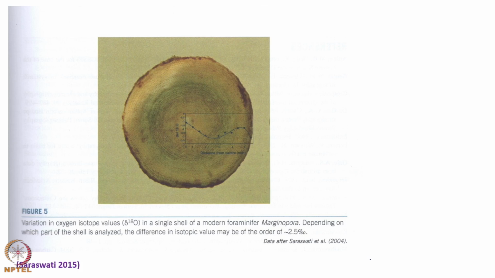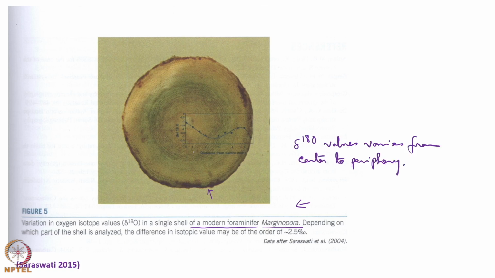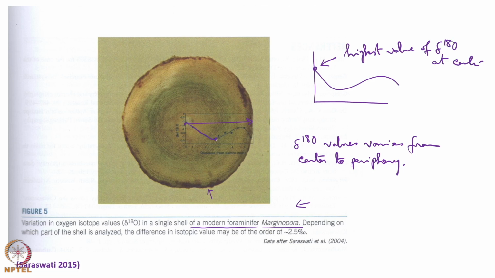One more problem of geochemical analysis of the calcareous test can be explained through this figure. A modern foraminifer is shown in this figure. Different portions of the shell have different del 18O values. For example, if analysis has been done from the center towards the periphery, this kind of pattern is noted. That means the highest value of del 18O at the center, then the value keeps falling steadily, attains a minimum value, then the value again keeps on increasing and attains a high value, but this value you can see is less than that value, and then again it falls.